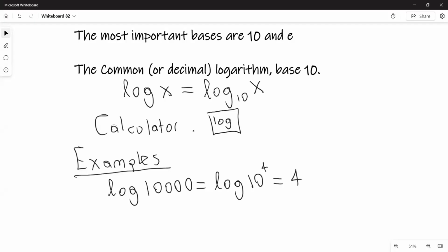Also, the logarithm of 244. Well, for that one, I don't have the definition. I mean, I cannot do that. I don't know how to do that without a calculator. I would be looking for a power of 10 such that 10 to that power is 244. But in a calculator, it's just one button.